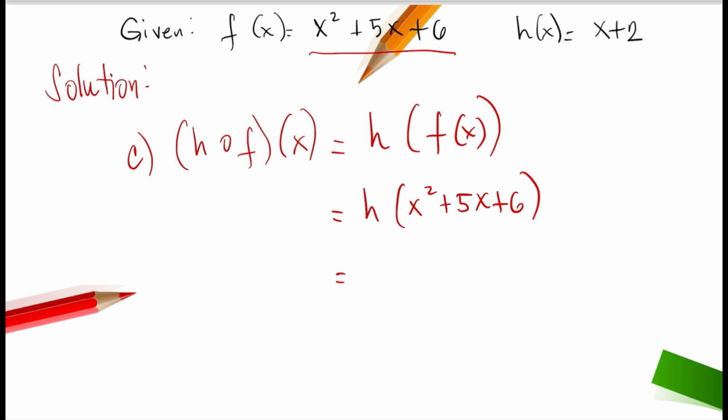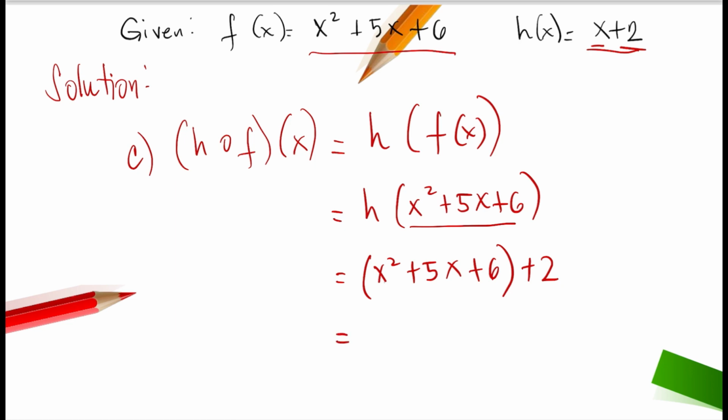And then, since we are looking for h of x squared + 5x + 6, where h(x) is equal to x + 2, meaning the replacement value of x is x squared + 5x + 6. And that is now equal to x squared + 5x + 6 + 2.